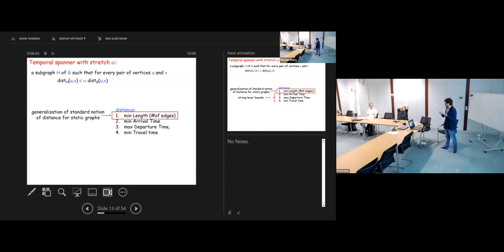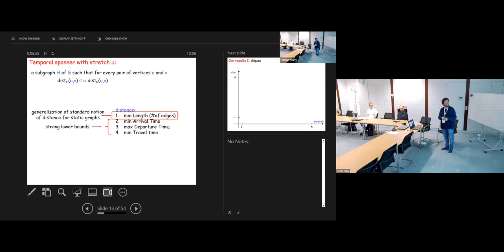Okay, this is the main reason, but the reviewers rejected the paper by saying that we did not motivate our choice enough. So in the next revision, we also addressed a bit the other notions of distance, and we provided simple, strong lower bounds for them.